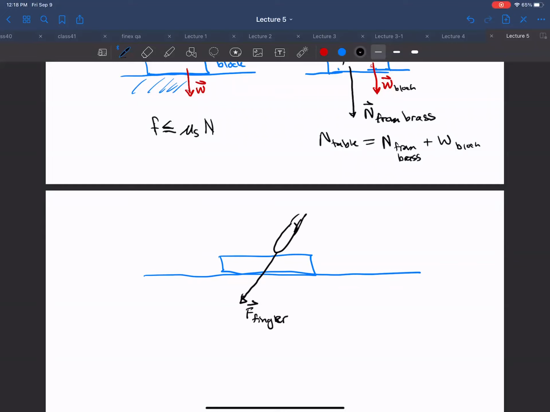If the block is not moving, draw the free body diagram in this case. As soon as you feel ready, you can start consulting with people near you.